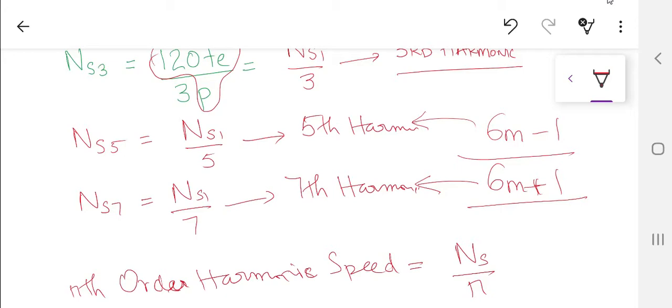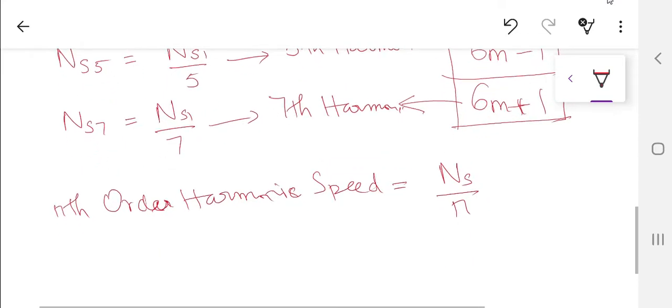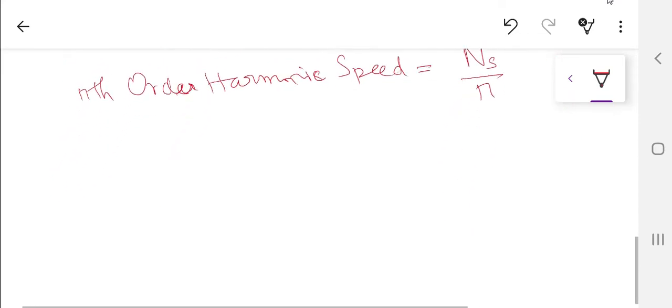Okay, now the nth order harmonics are bifurcated into two types, one called the 6m minus 1 and the other called the 6m plus 1 harmonic. We have to generalize because they both have a different direction.